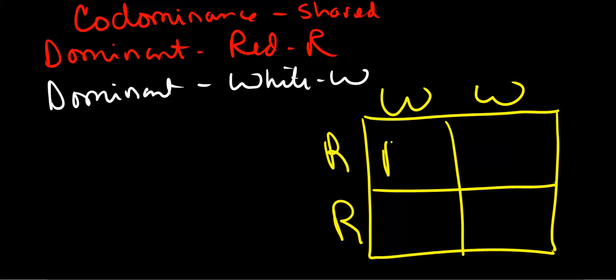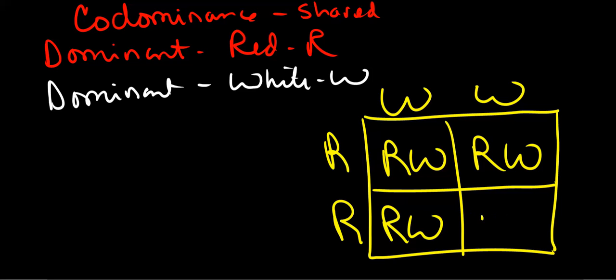This means we are going to have, and now you're seeing I'm using two dominants, because two letters is not normal for a genotype, but in this case it is because they're both dominant.